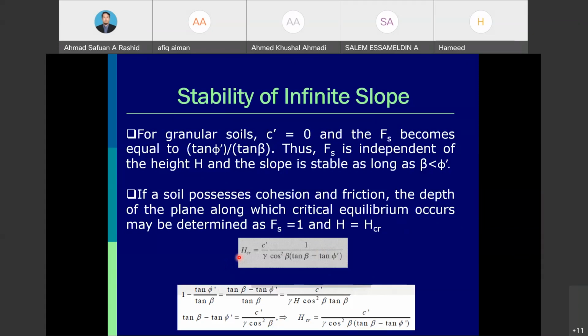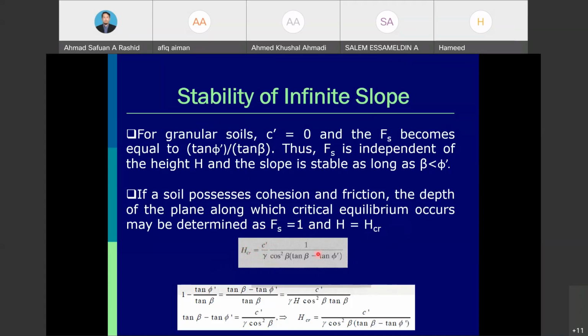HCR is when the shear strength equals the shear stress. Based on the formula, both stresses have H in their equation, so we put H on the left side and the rest on the right side.